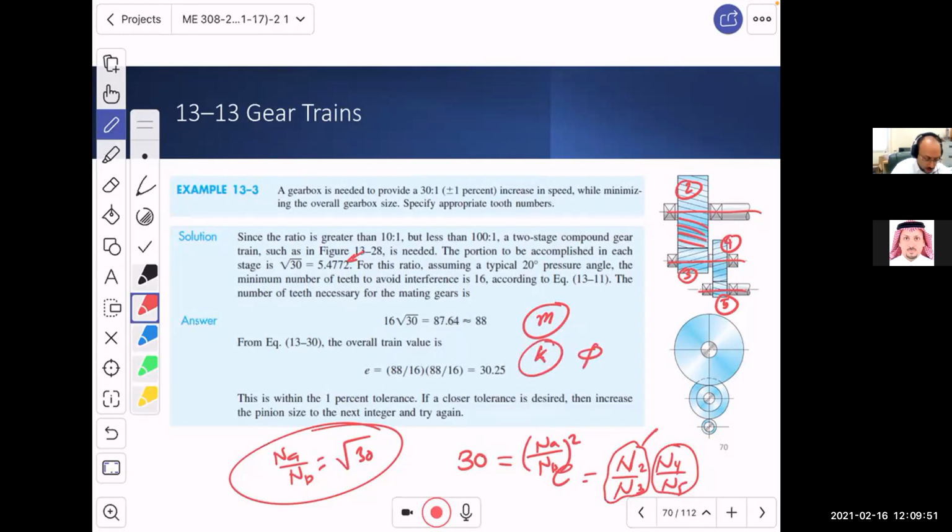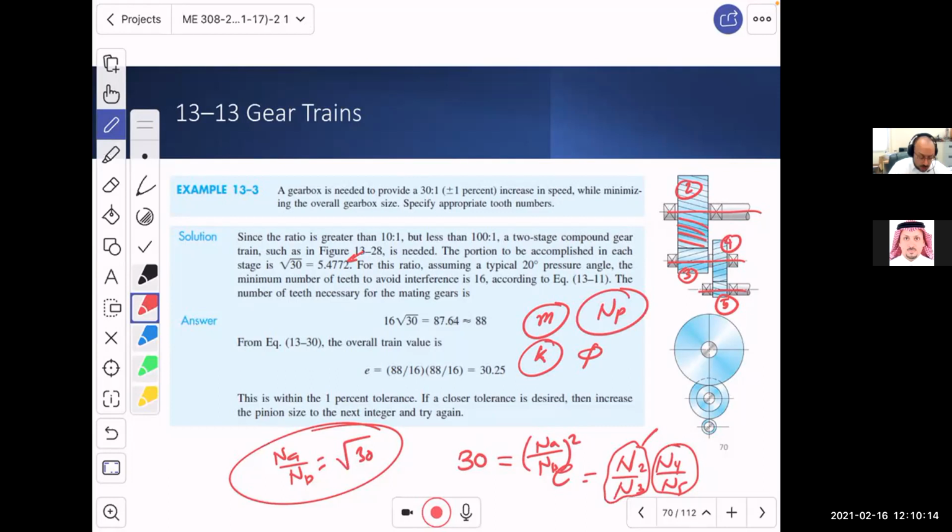If we put all of these, we will get the NP, which is the minimum number of teeth for a pinion. And that minimum number will guide us to be on the low side because it's minimum.